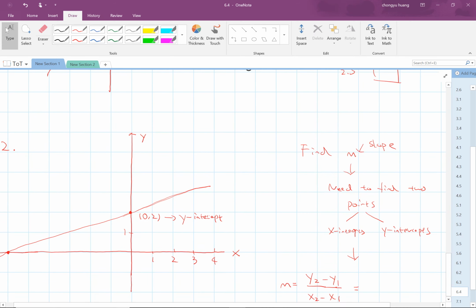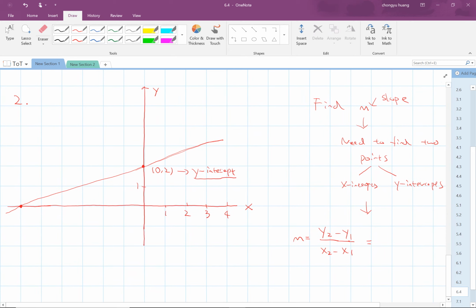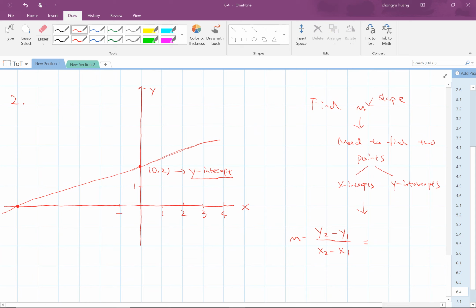So here we're finding the y-intercept, which is equal to (0, 2). And now what we want to find is the x-intercept. You label it, and then you find the x-intercept is actually (-6, 0). So this is the x-intercept.